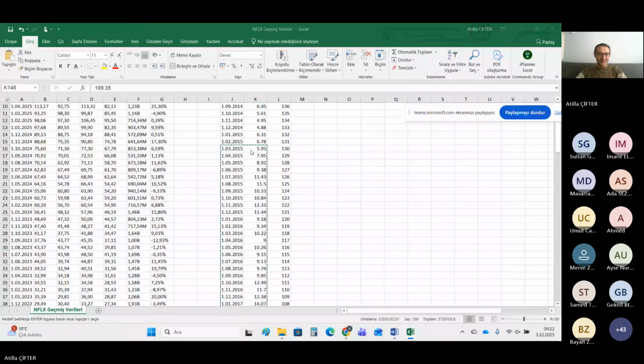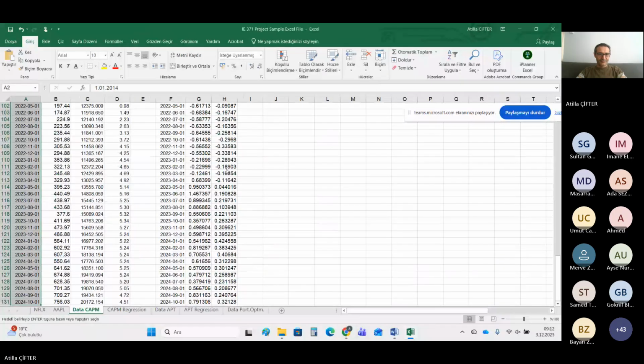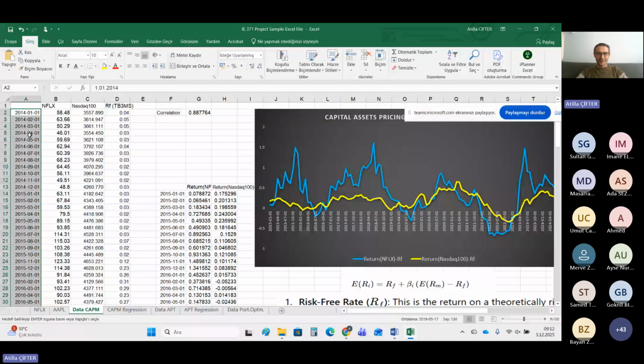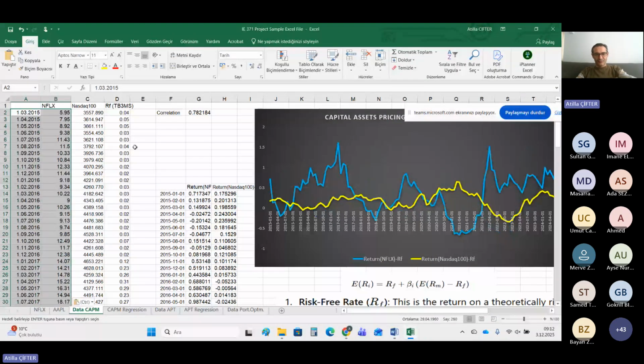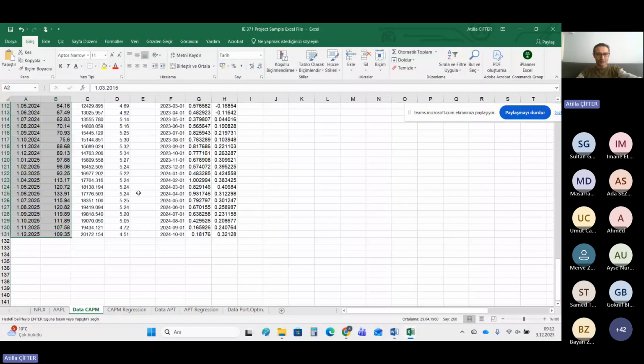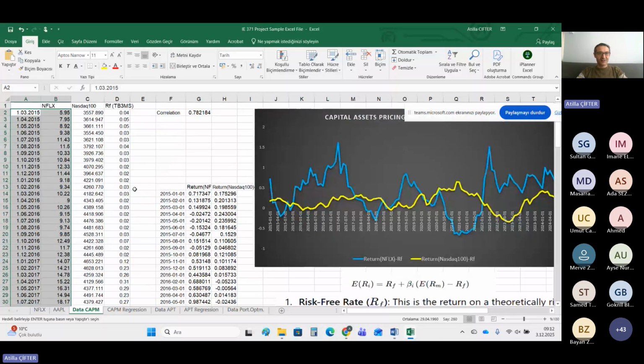Then paste to our calculation here. So you will use this data because the total number of observations is 130. So 130 observations are enough. So in this case, where will you start? You will start from March of 2015.